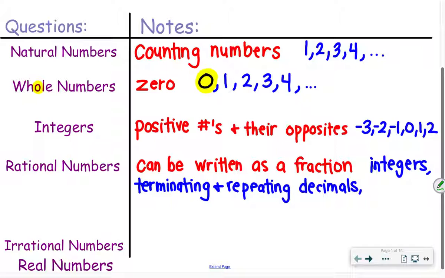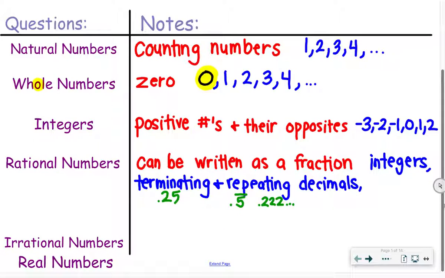A terminating decimal would be like 0.25, meaning it stops. Repeating decimals usually have that little line above it. So like 0.5 with that line above it means it's repeating. Or you might have something that's just 0.222 with the dot, dot, dot at the end. That also means that it is repeating.